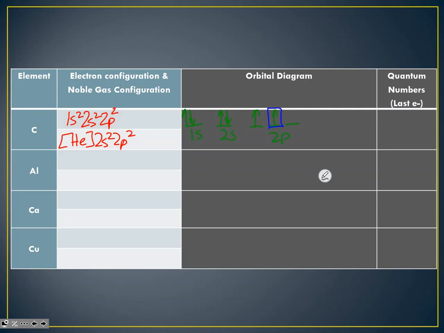So what are the quantum numbers for that particular one? Energy level, 2. Sublevel, 1 for the p. Orientation, 0, because it's in the middle orbital, right? Middle orbital. Remember, this goes -1, 0, +1. And which way is it spinning?